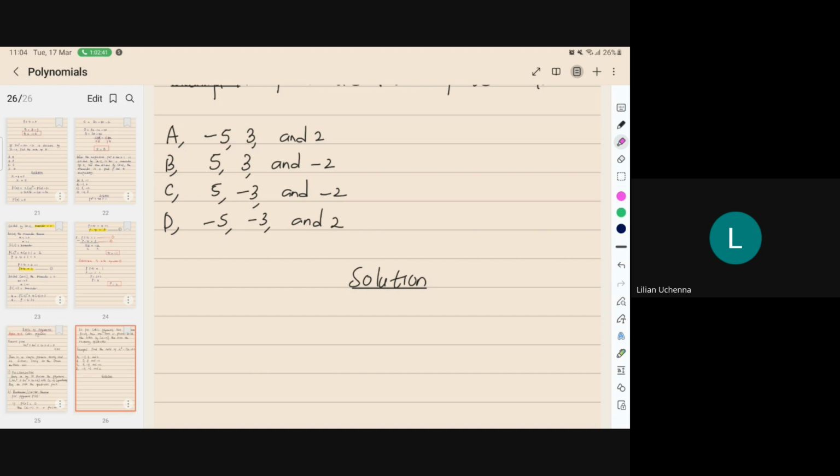Let's try x equals 5. That is x minus 5 to be a factor. So now, assuming it's a factor.